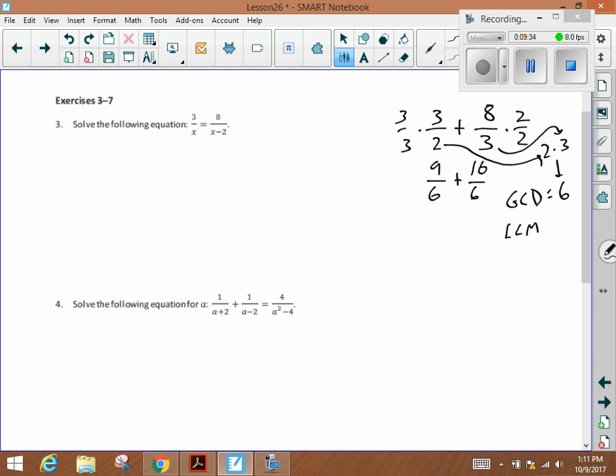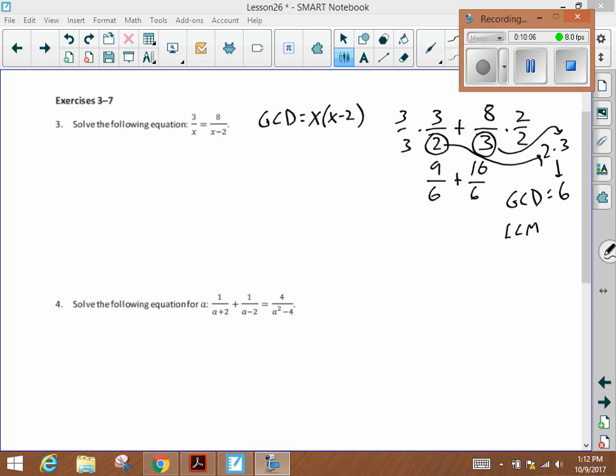So what's our greatest common divisor going to be for this one? Well, it's going to be x times x minus 2, in the same way that our greatest common denominator is 2 times 3.